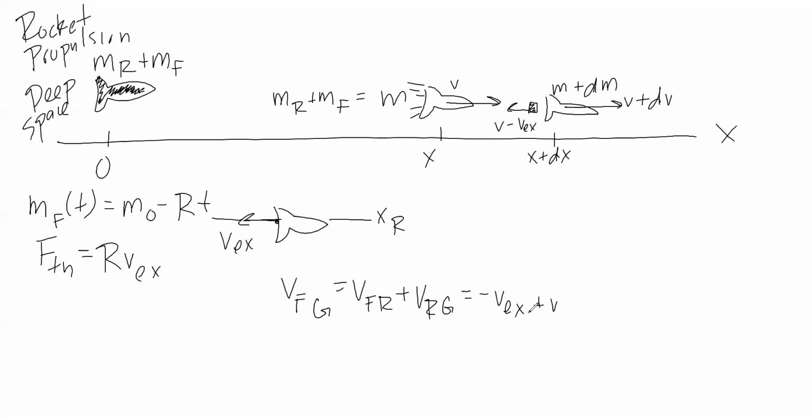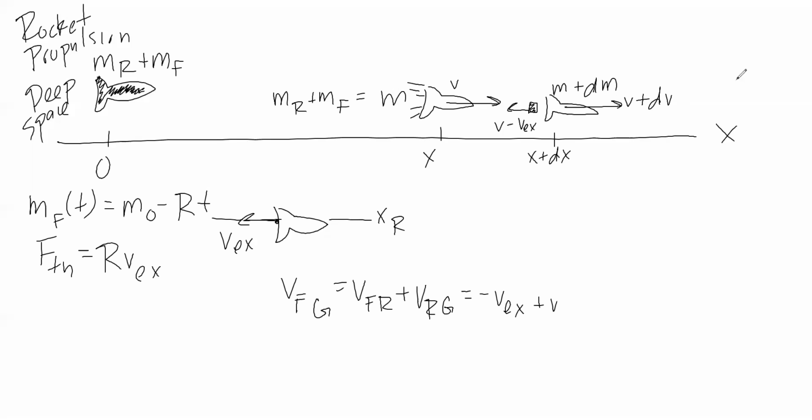Hopefully that makes sense of the reference frame, and that's exactly what we have in our results. We even have to do a little bit of reference frame work, because if you just put v exhaust, you're going to get the wrong answer. The last little thing to include is that if the rocket changed by a mass equal to dm, then this little piece has mass minus dm.